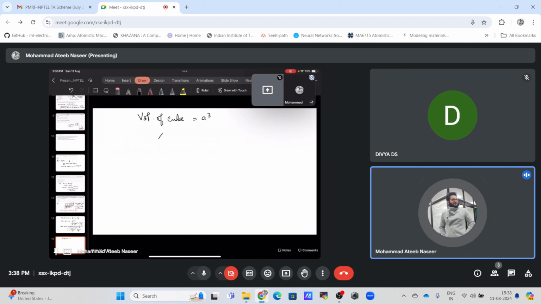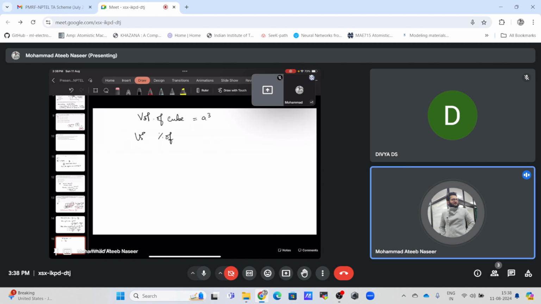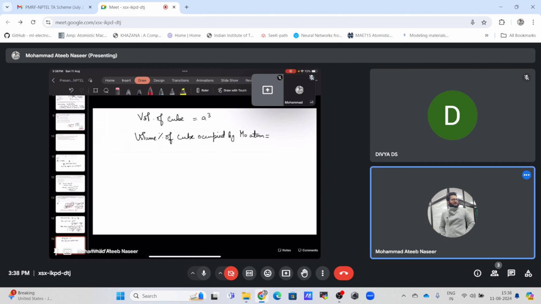So the volume percentage of the cube occupied by the Mo atom is simply that value we obtained, pi root 3 a cube by 8 divided by a cube, into 100.